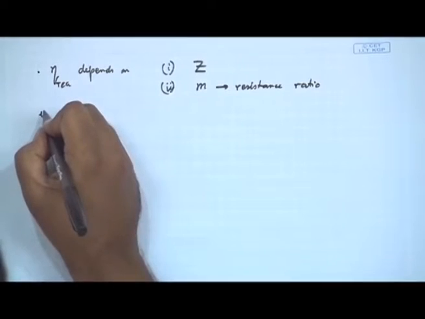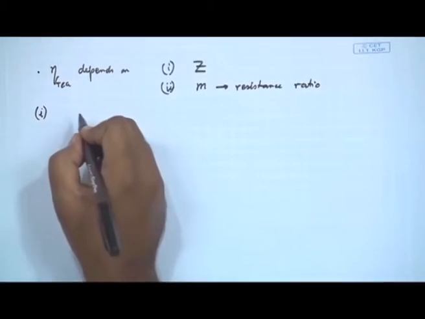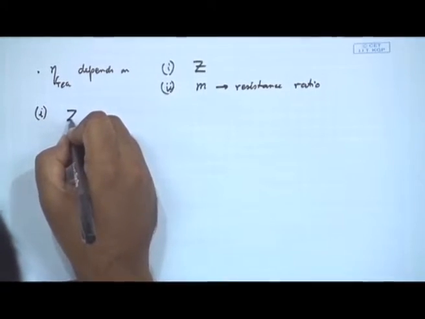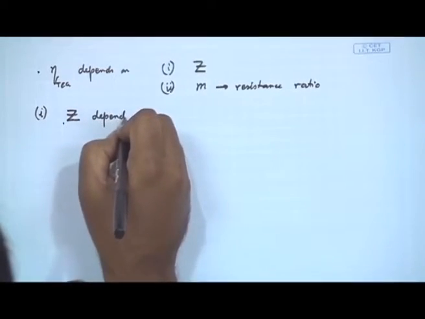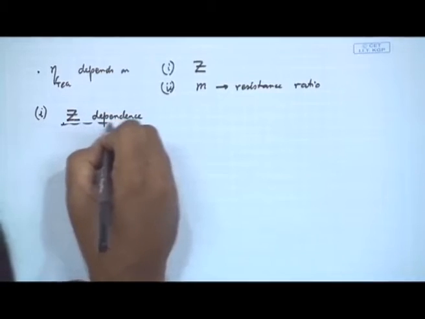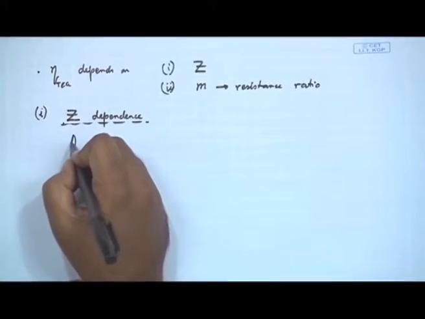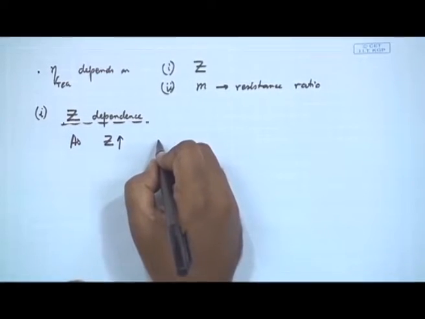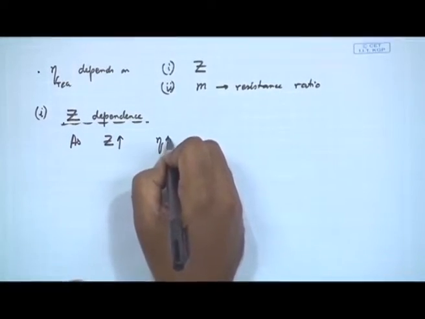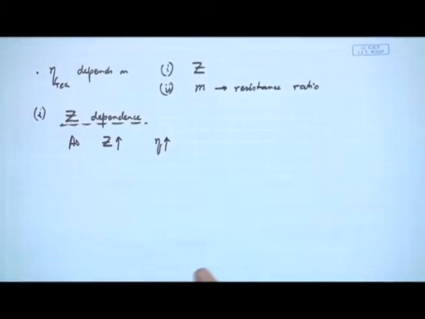So, let us take each of them one by one. First one is, for Z dependence, it can be shown quite clearly that as Z goes up, my eta also goes up, plain and simple. Z increases, my efficiency increases.